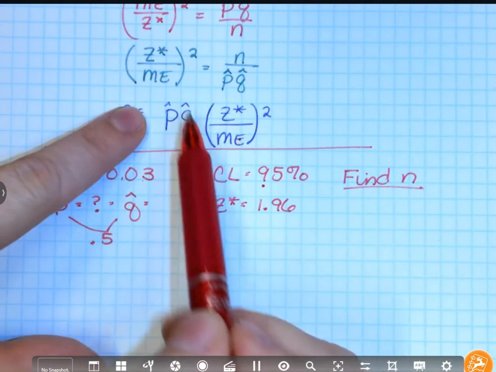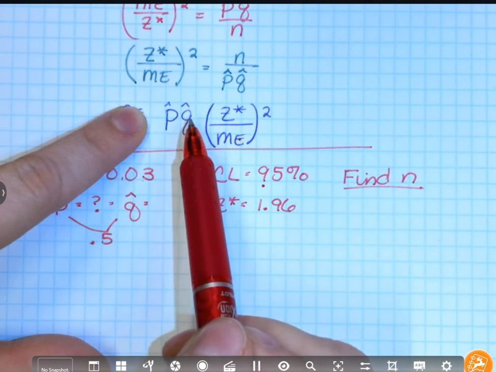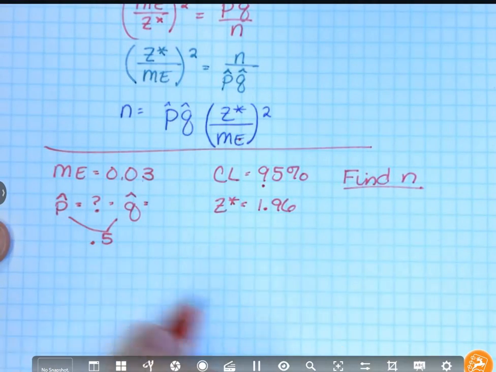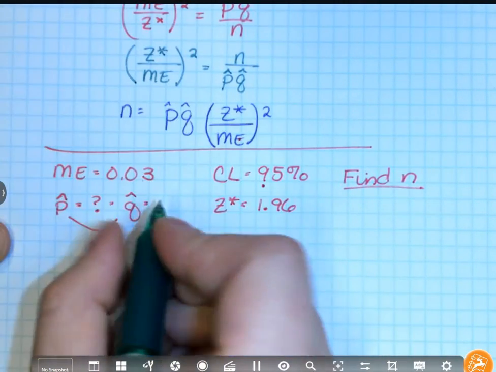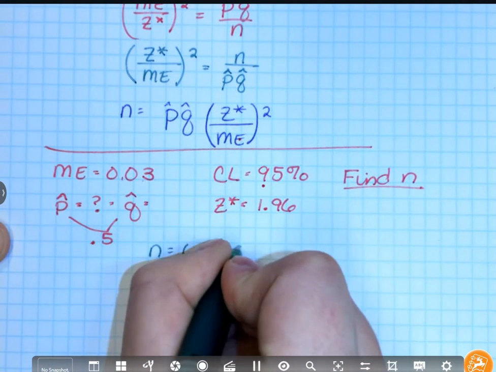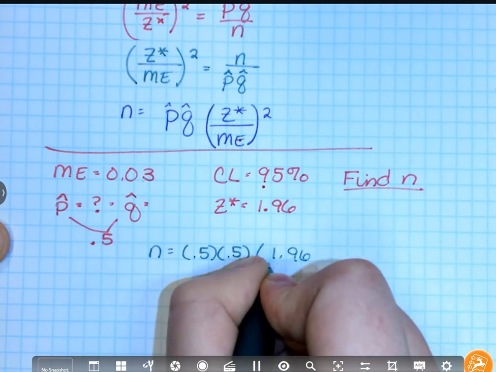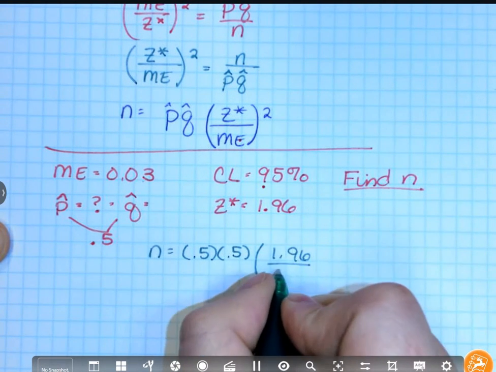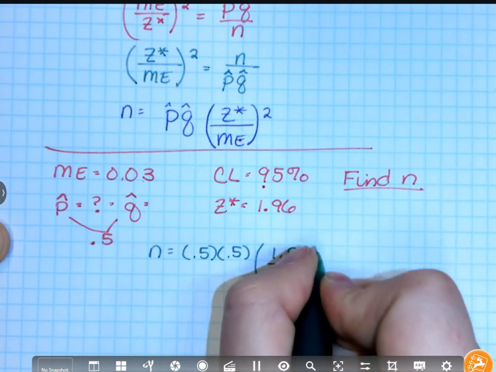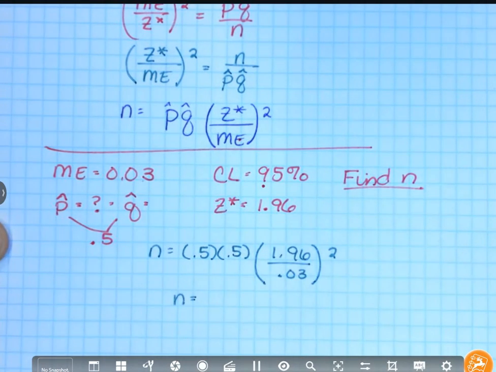If I wanted to maximize this value, I need P hat and Q hat to equal 0.5. So that means what goes into my formula is that N will be 0.5 times 0.5 times 1.96, the whole number, over the margin of error, all of that squared.